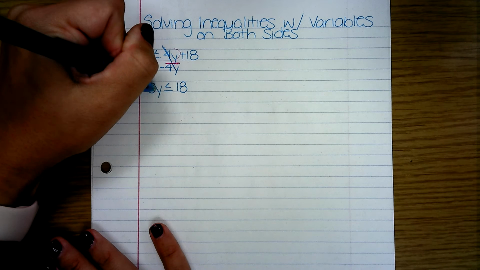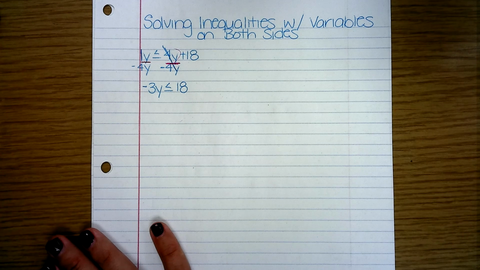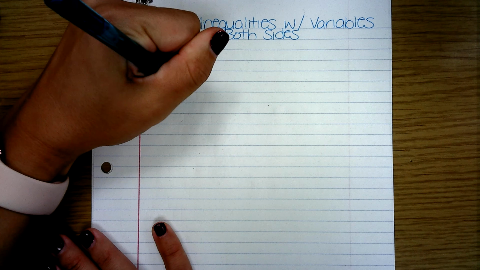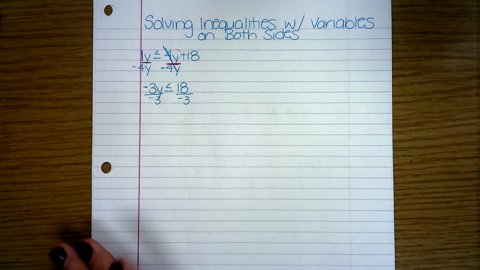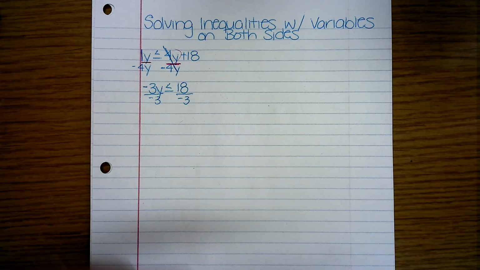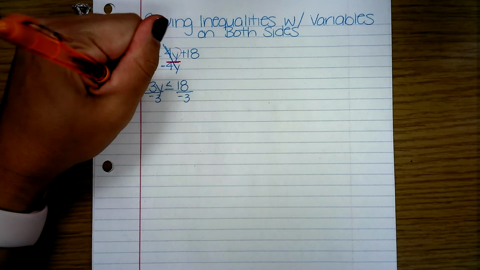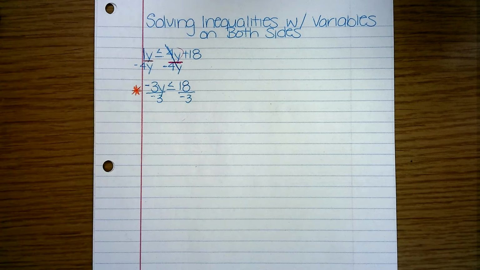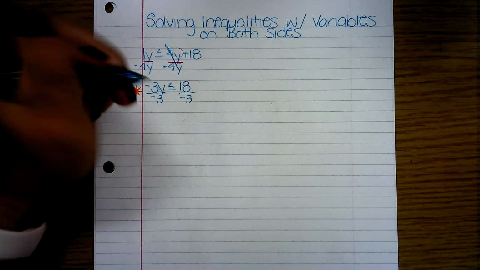Since we see negative 3 times y, to undo multiplication, we're dividing by a negative 3 on both sides. And right here, we should realize, wait a minute, I just divided by a negative, and I have to remember to flip my sign.